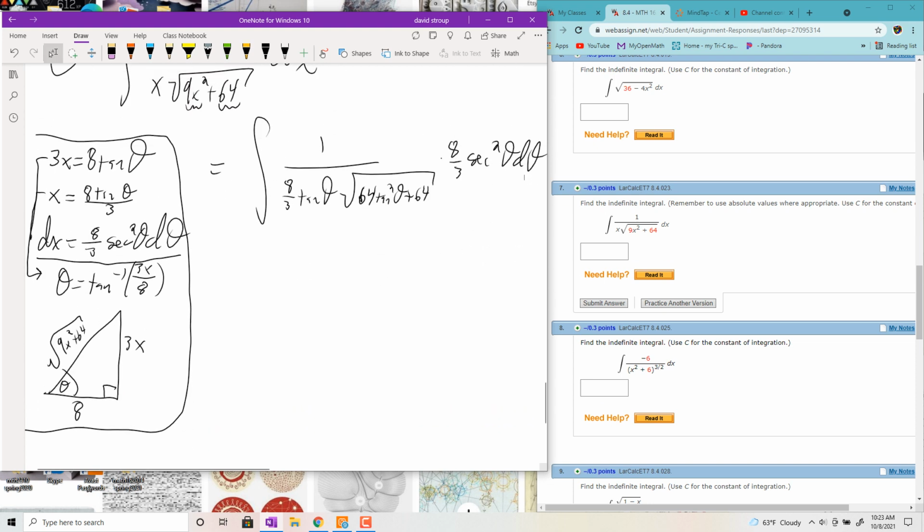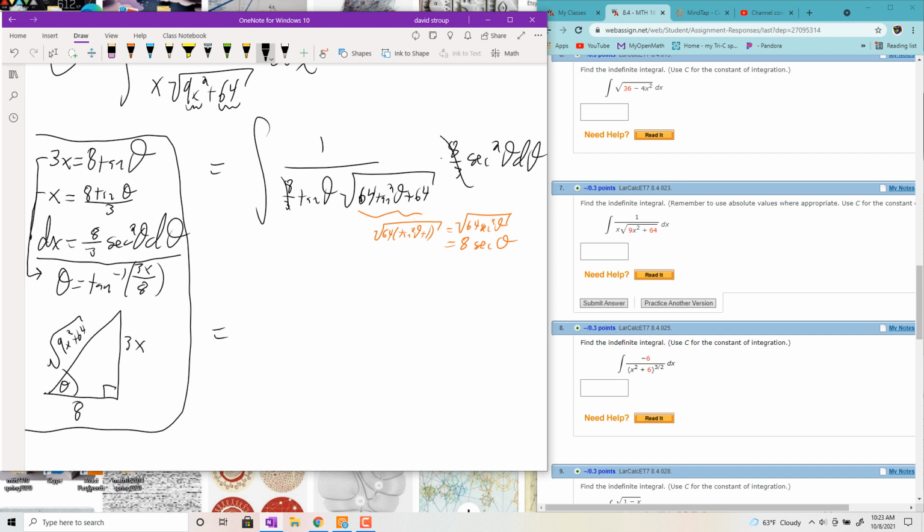I can see a nice cancellation here between the 8/3. This thing then is the square root of 64 times tan squared theta plus 1, and that's equal to the square root of 64 times secant squared theta, and then of course that's 8 secant theta.